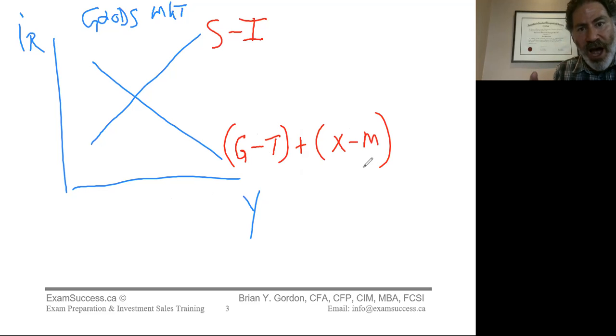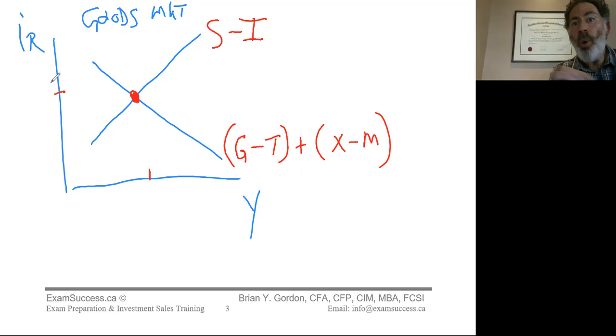We know that the trade deficit increases. Why? Because imports increase. So we can see this already in terms of the relationship. So there it is. We've labeled our graphs, and now of course, when we're here at this interest rate and this level of output, we are in equilibrium in the goods market.